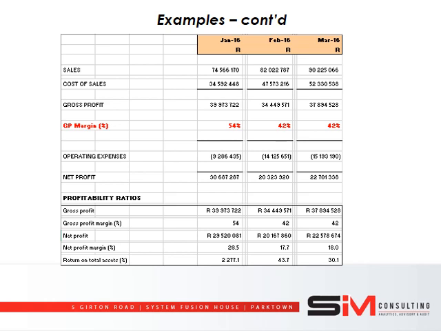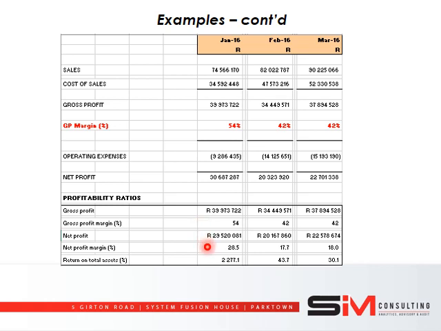It should show you the gross profit of 39,973,722. Secondly, it will show you the gross profit margin of 54%. Thirdly, it will show you the net profit of 30,687,287.